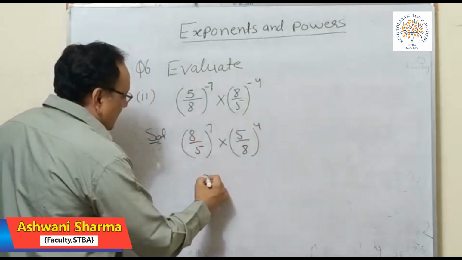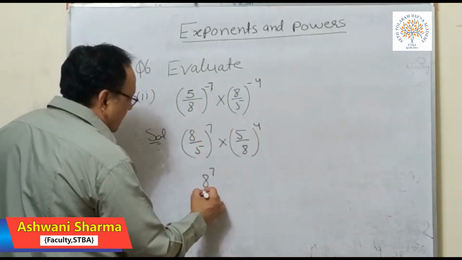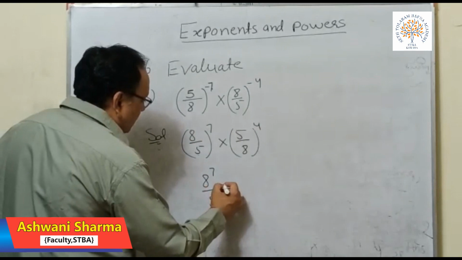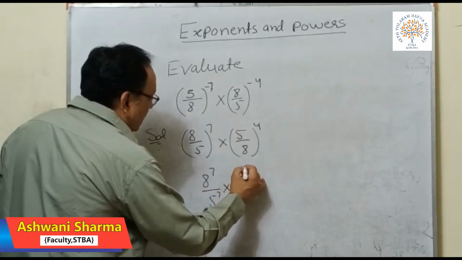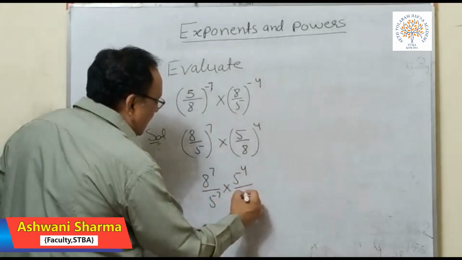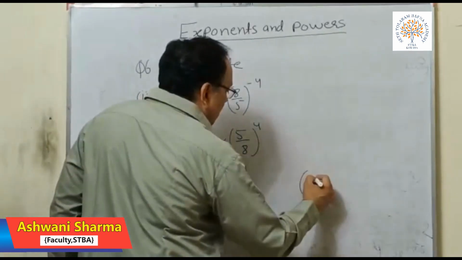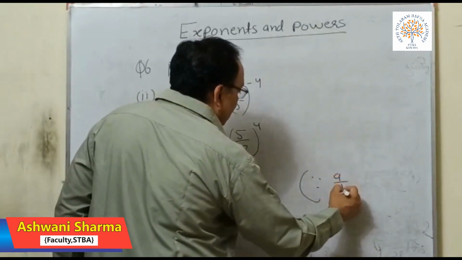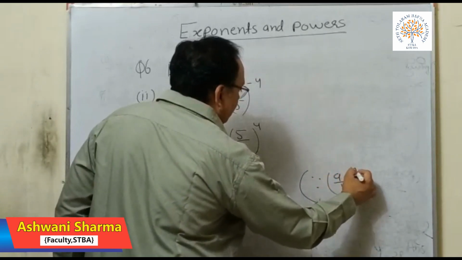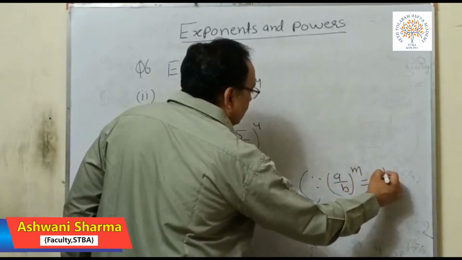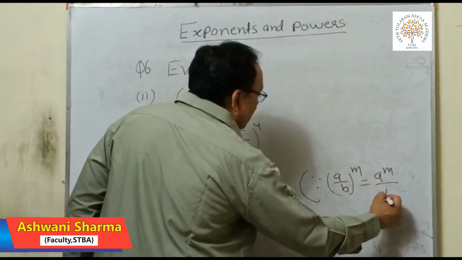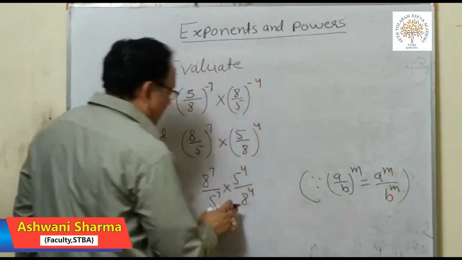We can write it as 8 raised to the power 7 upon 5 raised to the power 7 into 5 raised to the power 4 upon 8 raised to the power 4. Because we know A upon B whole power m, the property is A raised to the power m upon B raised to the power m.